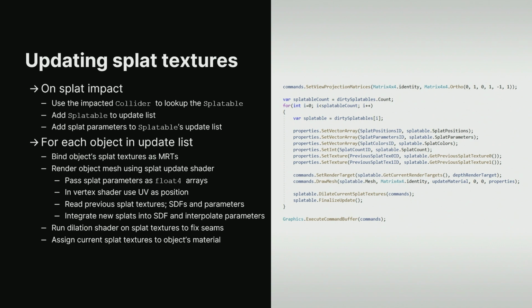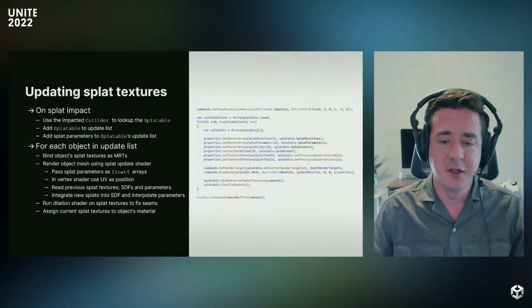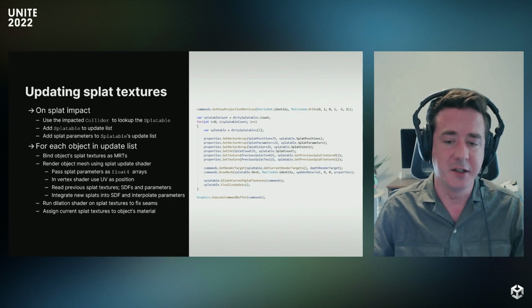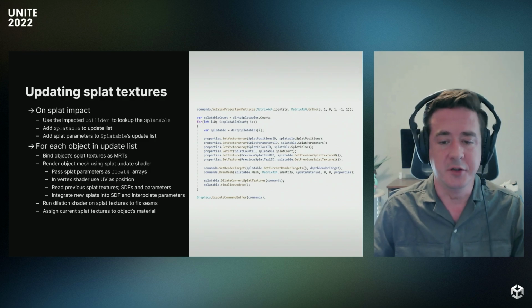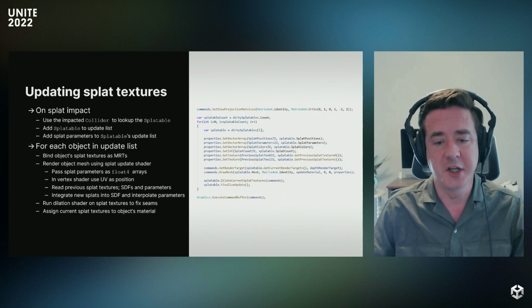And in the vertex shader, we take the UV coordinate and use that instead of position. And so what this does is rather than rendering the geometry in world space, we're now rendering the geometry as its UV layout. And so we read the previous splat textures so we can get the currently existing SDFs and parameters. And then we integrate the new SDFs that have been passed through the shader with that.